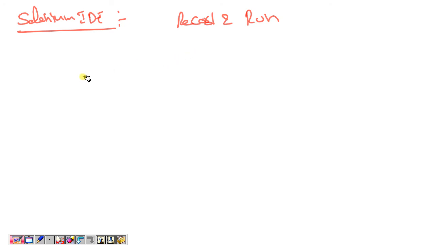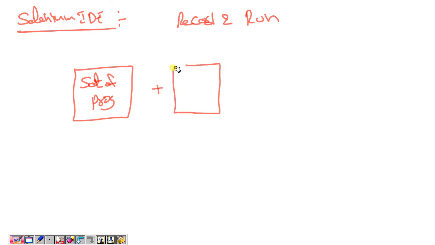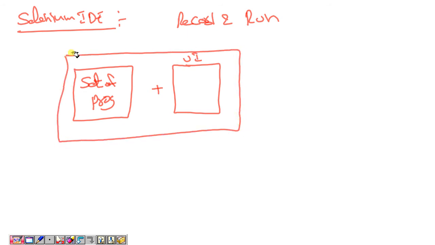Now let's look at the internal mechanism of Selenium IDE in detail. Selenium IDE has a set of programs plus a user interface, and this is what we call Selenium IDE. Whenever you click on the record button, Selenium IDE is recording.